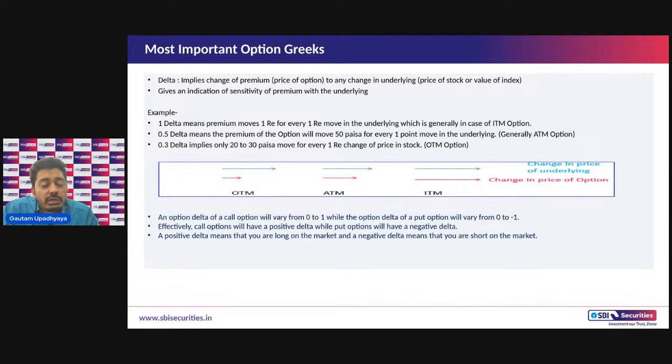So the delta value also changes as the underlying market value changes. Like we have got a 400-point correction, the 25,000 strike price has become slightly away, that is out of the money, and that's why the delta has reduced. So delta gives you, in terms of probability of success, a very good understanding of whether your option is going to close in the money or out of the money by the time expiry comes.